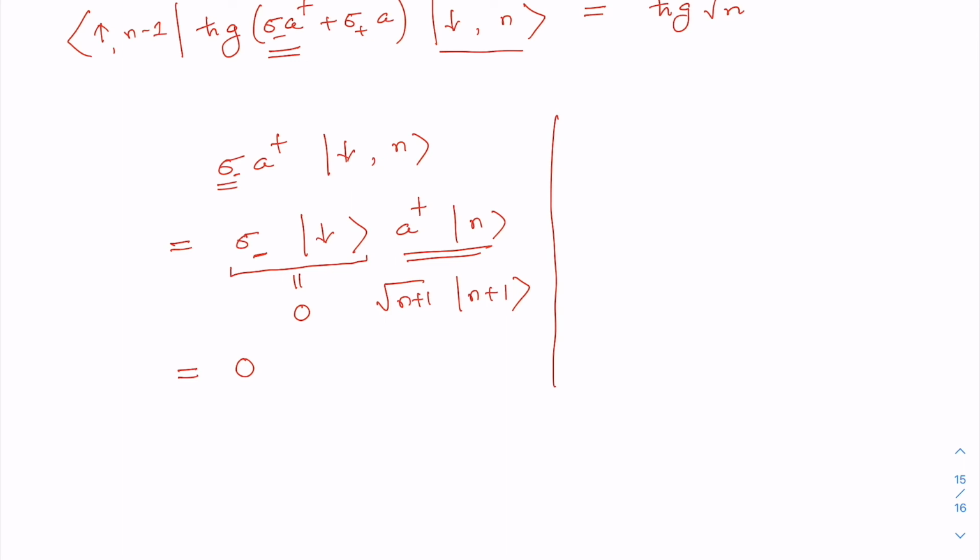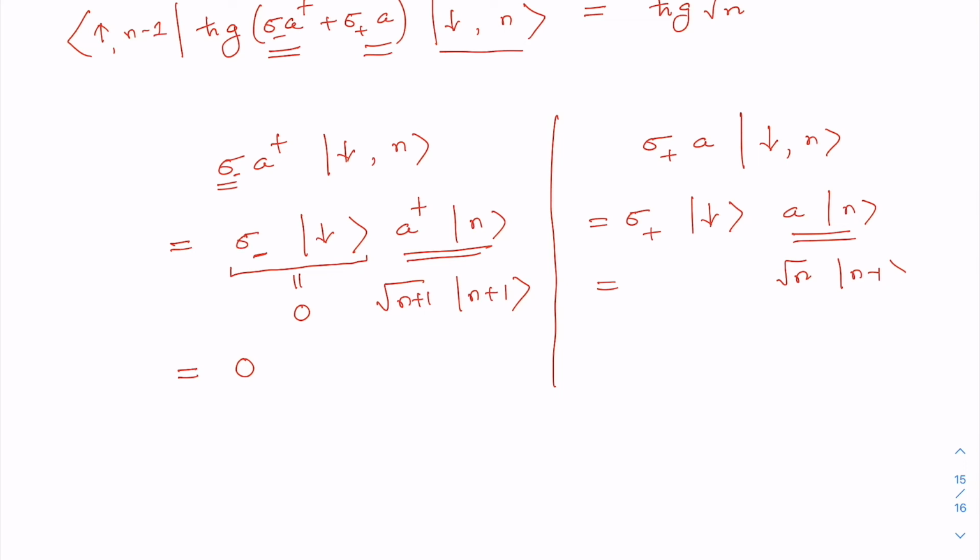Let us look at the other term, sigma plus a, acting on this state. Sigma plus, the atomic raising operator, is acting on the ground state of the atom, and the annihilation operator is acting on the field mode. When it acts on the field mode, we get simply square root of n times the state n minus 1. On the other hand, because of this action, the ground state is raised to the excited state.